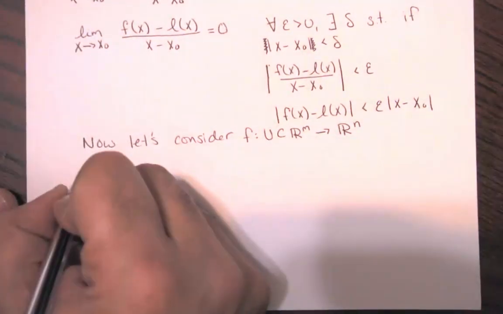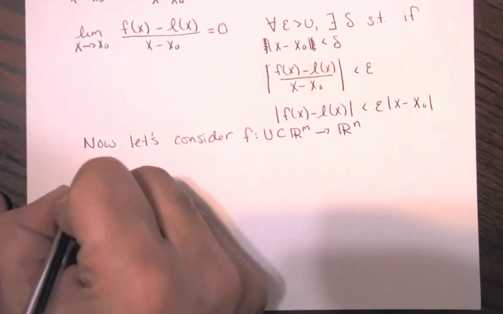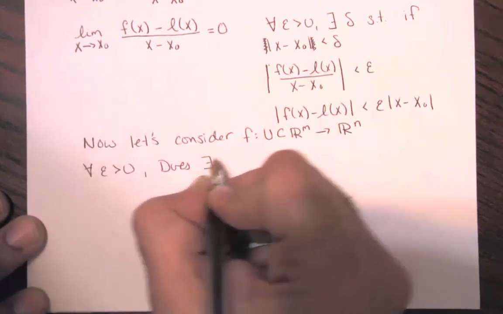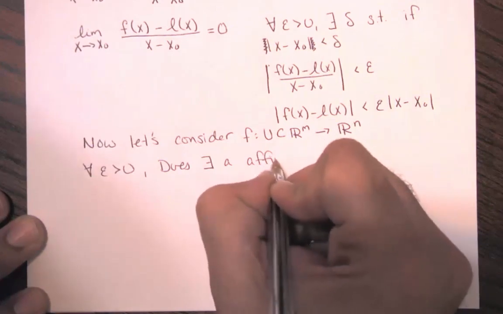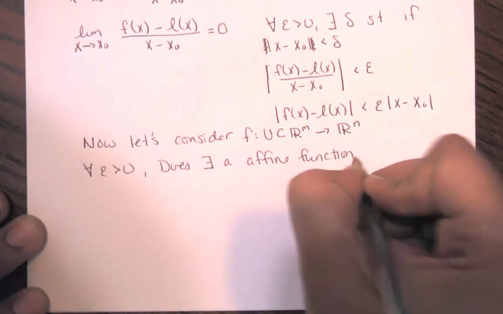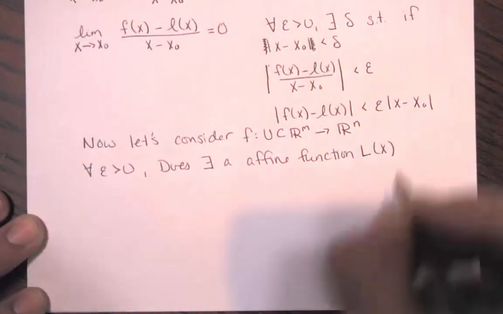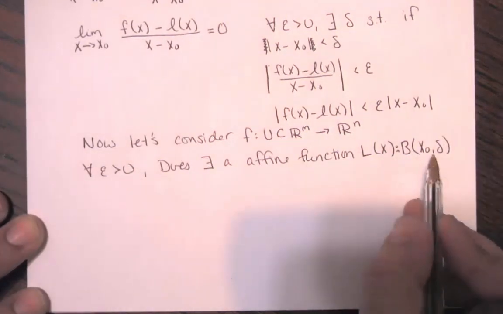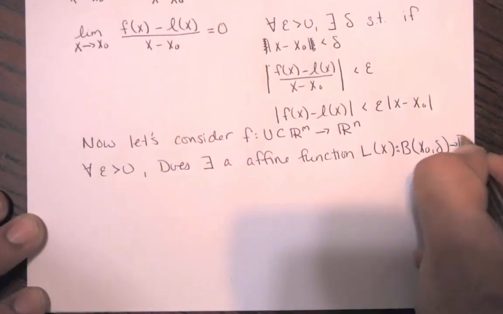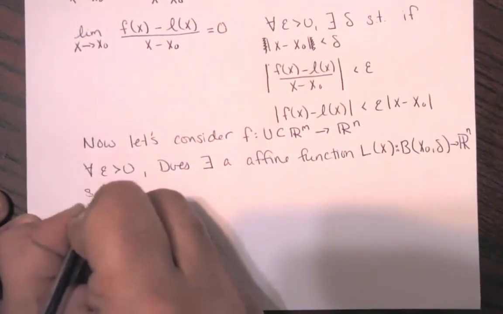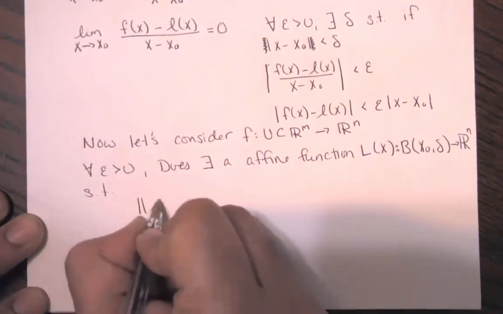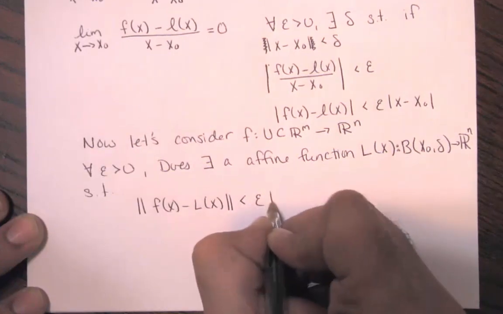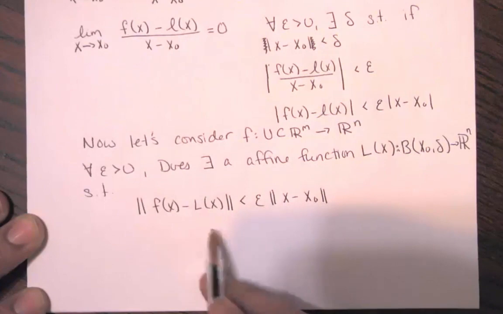The question we have is, for any epsilon greater than 0, does there exist an affine function L of x, which maps values of x near x naught to R^n, such that the norm of f of x minus L of x is less than epsilon times the norm of x minus x naught. And here we're working with the Euclidean norm.